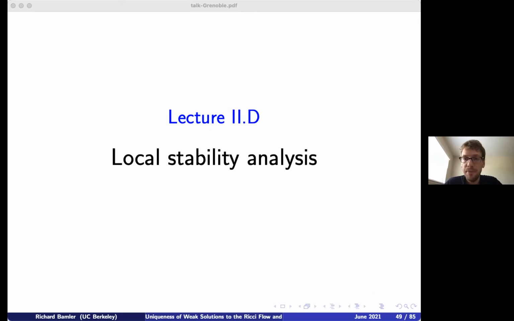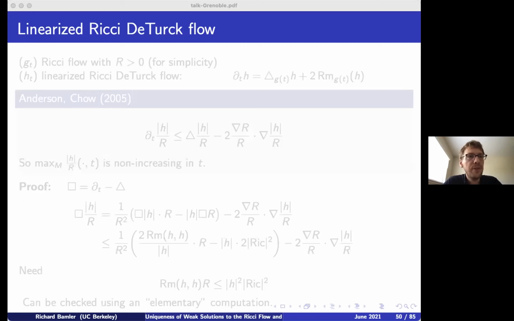Okay, so again, what I want to do in the following is first prove some theorems on the linearized Ricci-DeTurck flow. Here's the setup that I want to consider. Let me just consider a standard Ricci flow on a three-dimensional manifold. And for simplicity, let's just assume that the scalar curvature is everywhere positive.